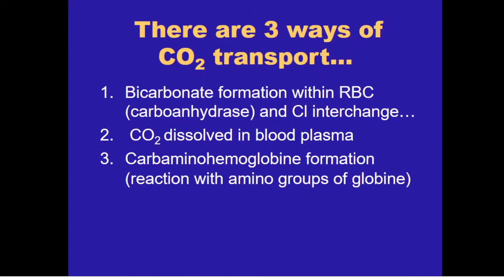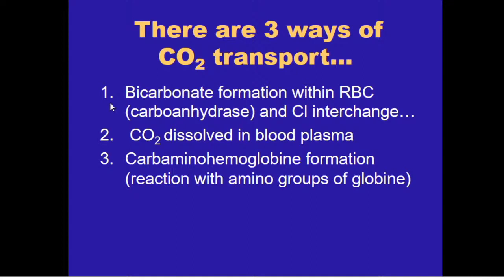And to finish this discussion, write please 3 ways of carbon dioxide transport. Because from school we studied that hemoglobin transports carbon dioxide back from the tissues to the lungs. It's not completely correct, because carbaminohemoglobin formation, real interaction with hemoglobin, is only 10% of the whole transport of carbon dioxide.